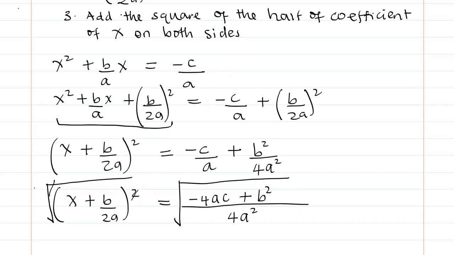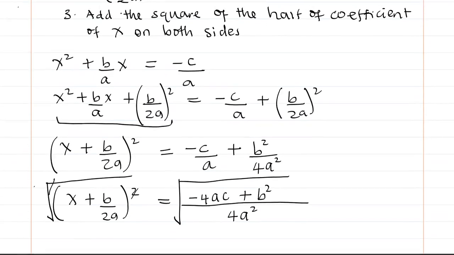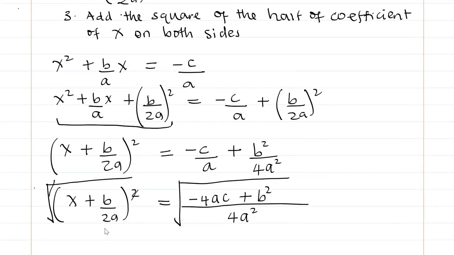So going to the next page, we shall have x plus b over 2a. Remember the square disappeared. It was taken by the root. So we shall have x plus b over 2a equals, and then we take the root of the whole of that number.